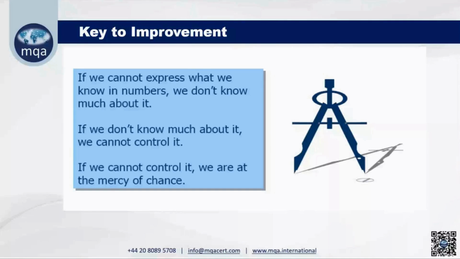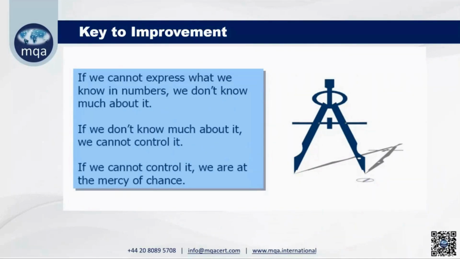Suppose we are measuring a particular parameter, and we don't know what is required, or we cannot give a number to it. Then we don't know what we are doing.